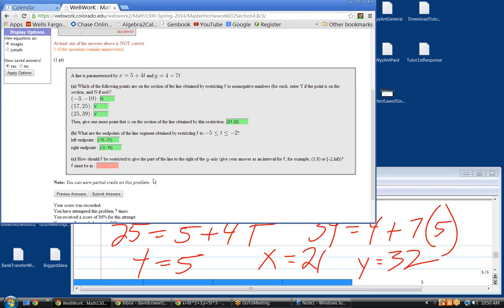How should t be restricted to give the part of the line to the right of the y-axis? Okay, well, I have to go to class now. Okay. Here. The answer to this one is just find where x is positive only. How would I do that? Well, you could graph the line, solve each of these for t, set them equal to one another, so we'll have the xy equation for that.